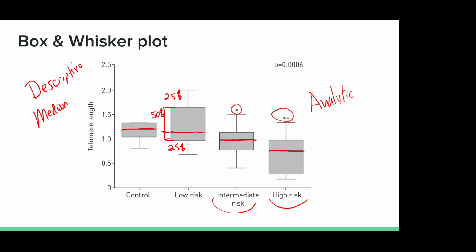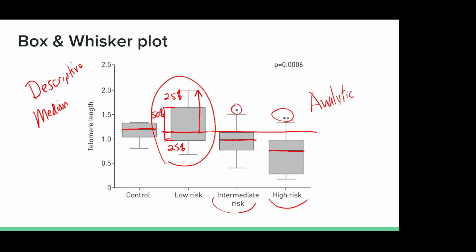And additionally, if we compare the low risk to something like high risk here, what's interesting is that 50% of the data, because this is 50% of your data here, and the median indicates the midpoint, with 50% of data points greater than it and 50% less, roughly speaking.